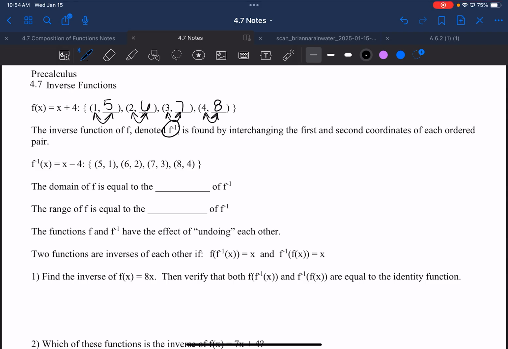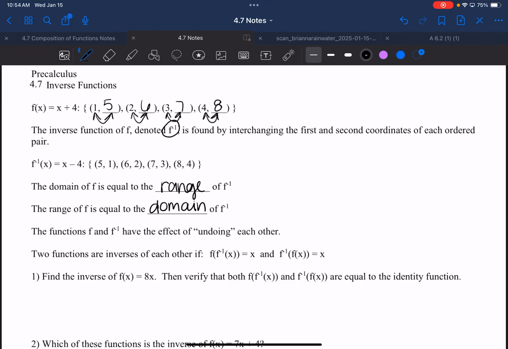So the domain in your inverse is actually going to be your range. That means the range becomes the domain, right? So that makes sense. If we switch all the x's with all the y's, the old x's or the old domain is my new range and vice versa, okay?